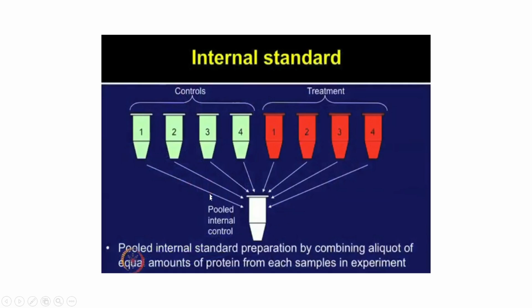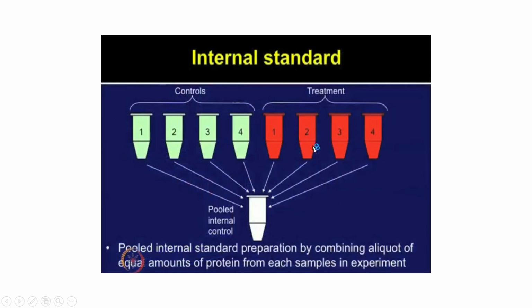After proteomics, whatever proteins or peptides you see in this particular pooled internal control, only those will be considered in these samples, because this contains every peptide from all the samples.